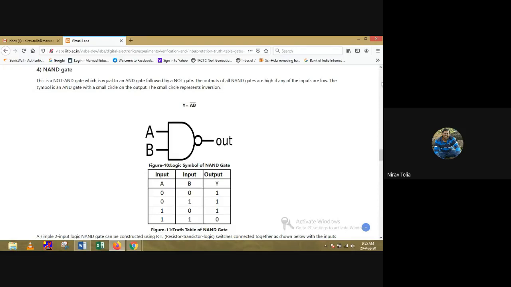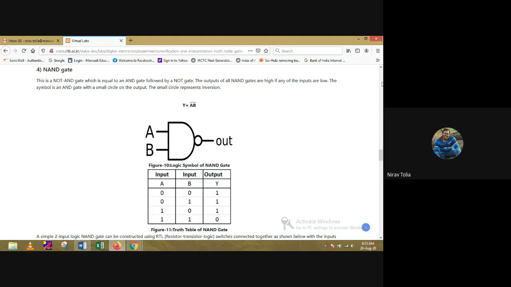As the NOT gate inverts the output, the NAND gate is the opposite of the AND gate, or the truth table of the NAND gate is the reverse of the AND gate. For the AND gate we have 0 0 0 and 1 1 1.